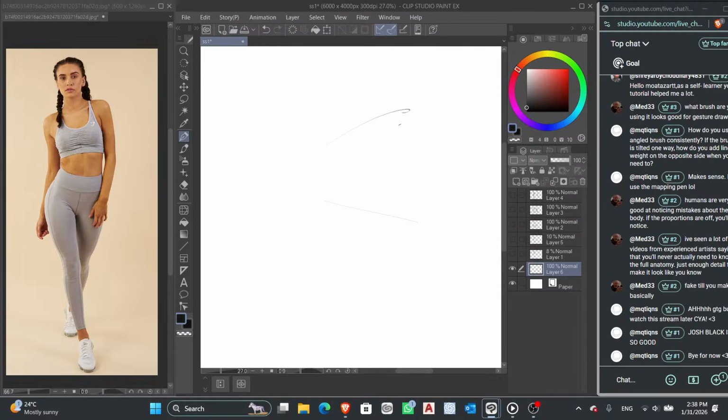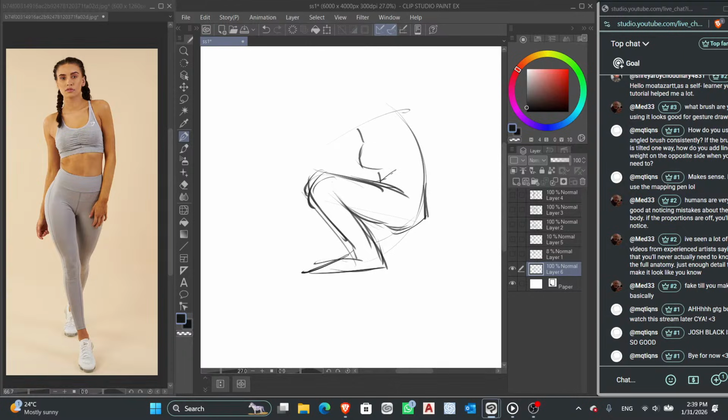I just go for a big contour line for gesture, like she's going down like this, and here is the leg. She's standing there. Here is her foot. If she's sitting like this, I might go for a whole body shape first and then adjust while drawing.